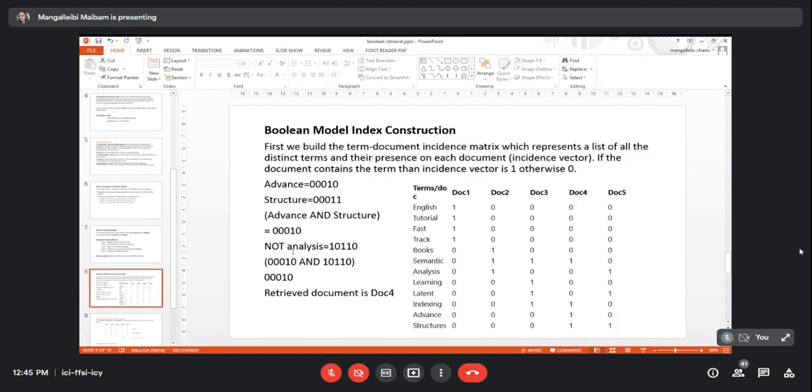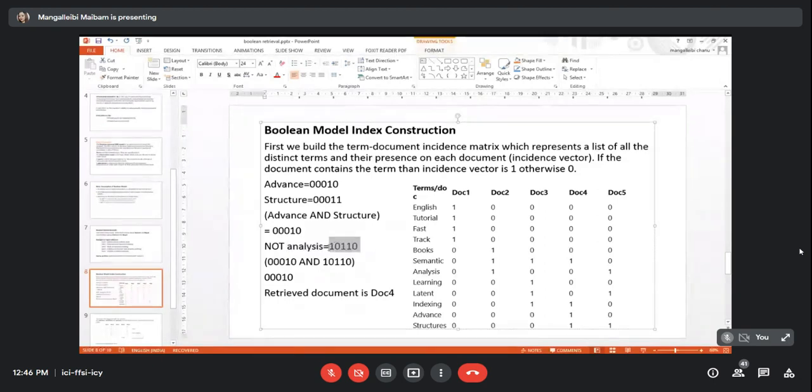You see here not analysis, the Boolean representation is this one. Now we are performing the AND operation again.